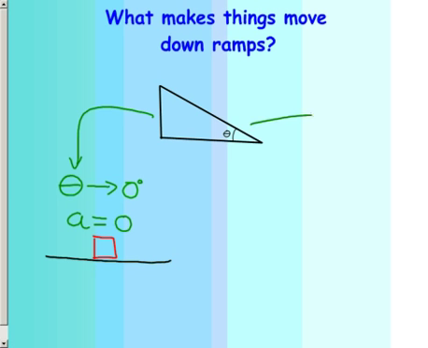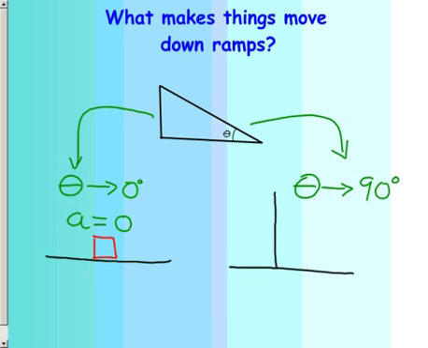Now here's our other silly case. Here we're going to have theta go towards 90 degrees. So it's going to get bigger and bigger and bigger until basically what we have is a cliff. There's my theta. It's 90 degrees. So again, this is going to be a little silly.